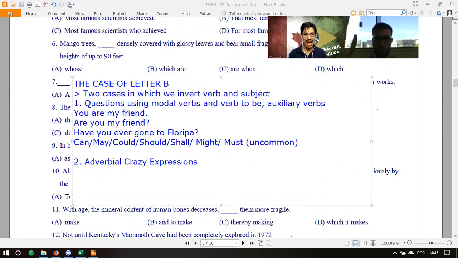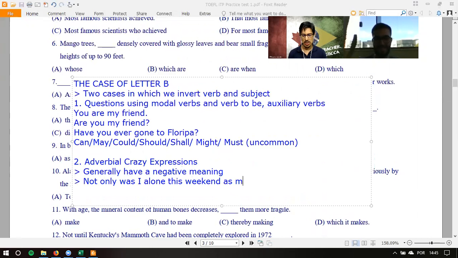These adverbial crazy expressions generally, but not only, have a negative meaning. What do I mean by this? Not only was I alone this weekend, as my internet was not working.